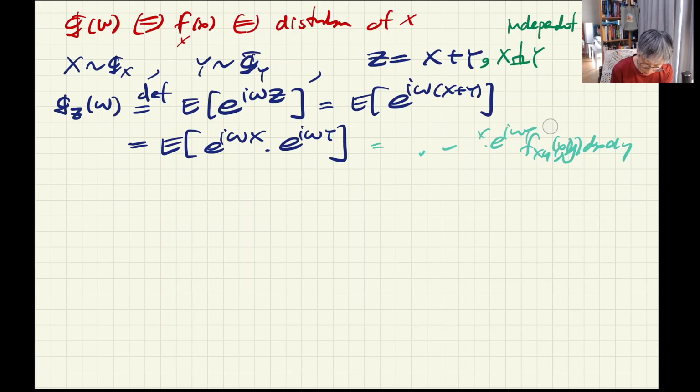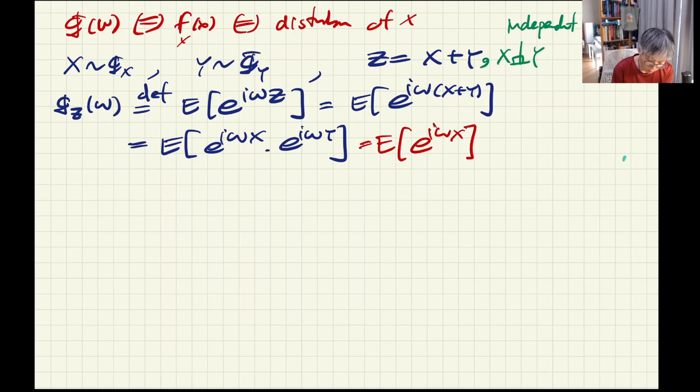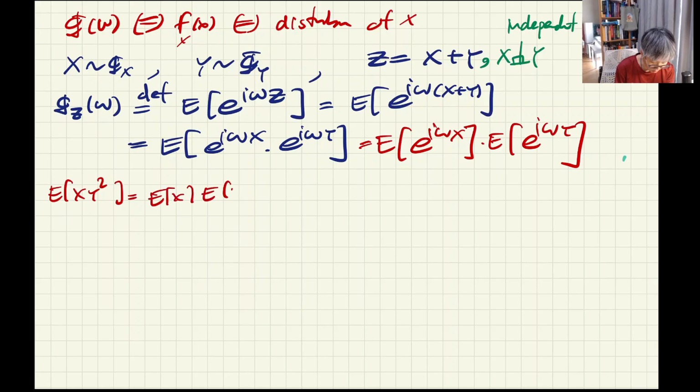If they are independent, what turns out is nice, because the expectation of a function of X times a function of Y can be written as the product of the expectations. For example, if X and Y are independent, E of (X plus Y) squared can be split accordingly. So I use one more assumption.